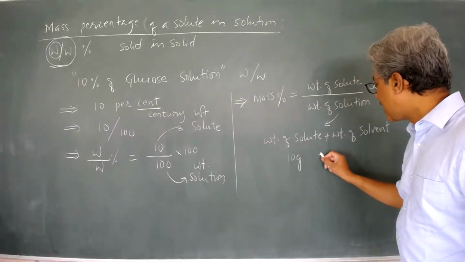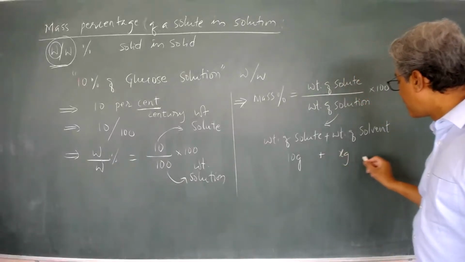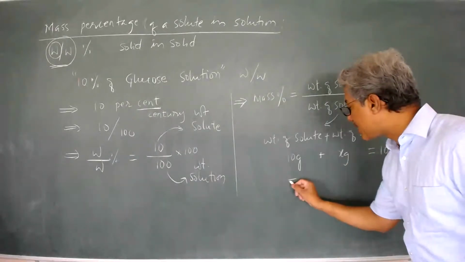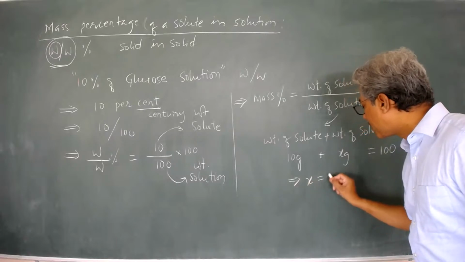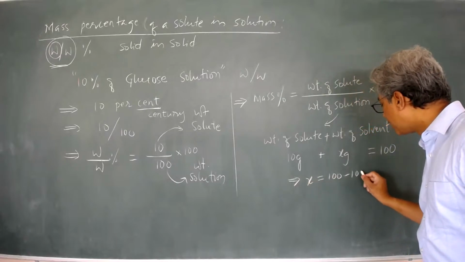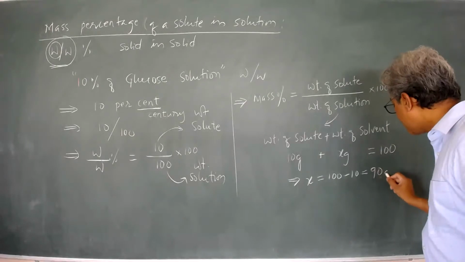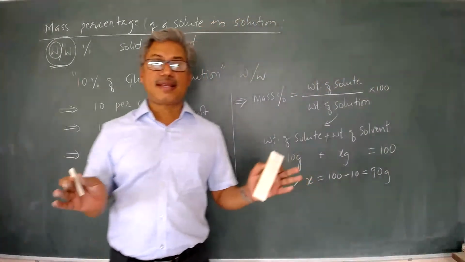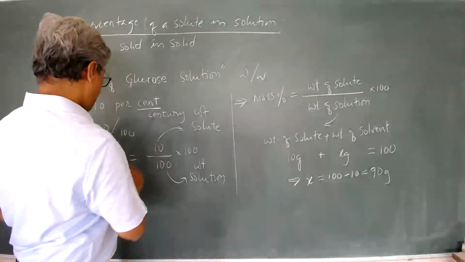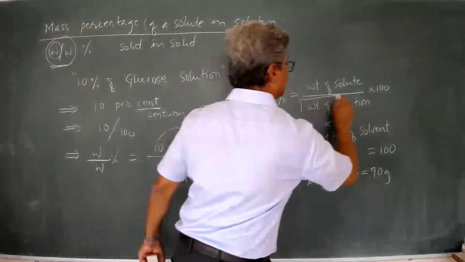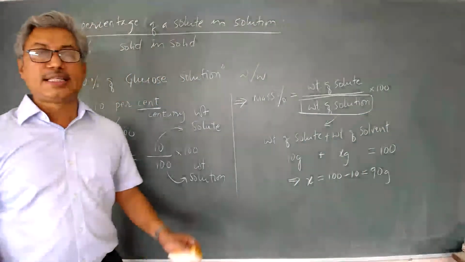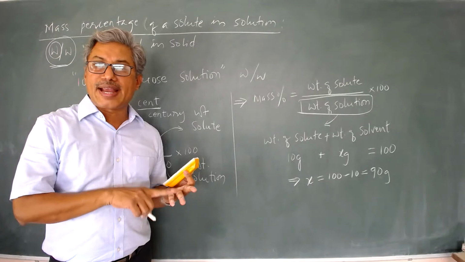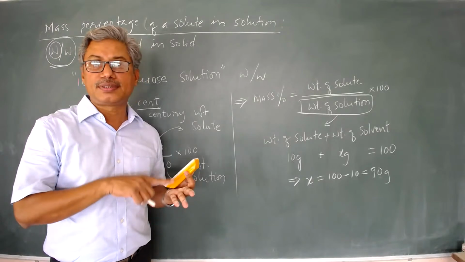Let it be x gram, but the total should be 100. Then x must be 100 minus 10, which is 90 gram. Is it clear, students? The weight of solution must be the sum of the weight of solute and weight of solvent.